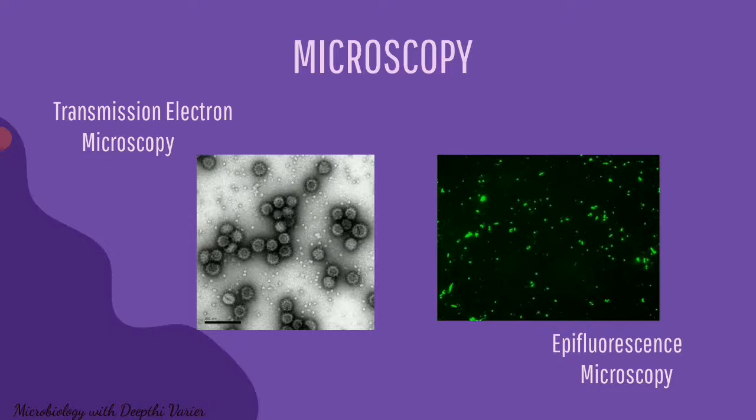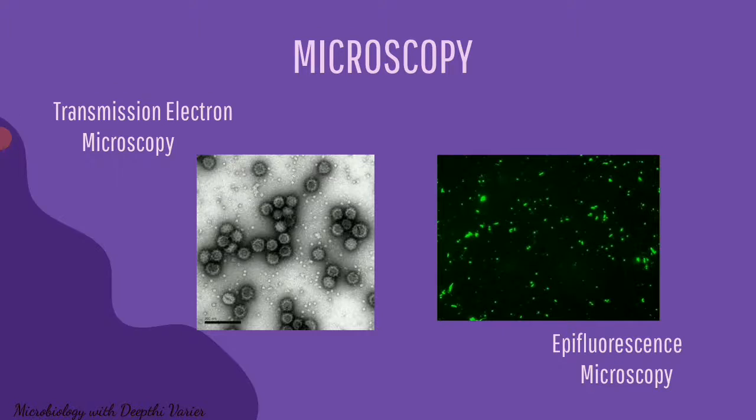The reason being, TEM is not only more time consuming, but it is also slightly expensive when we are looking at field studies, that is, when we want to isolate and count the number of viruses from a water sample or from a soil sample. Using TEM becomes expensive, so epifluorescence microscopy is what is more preferred these days.